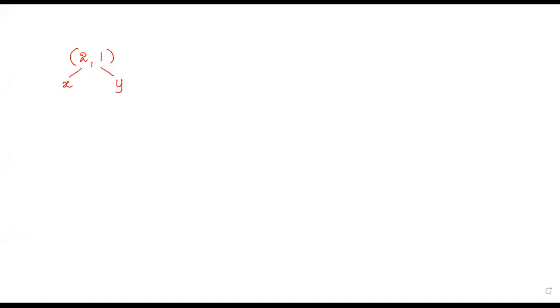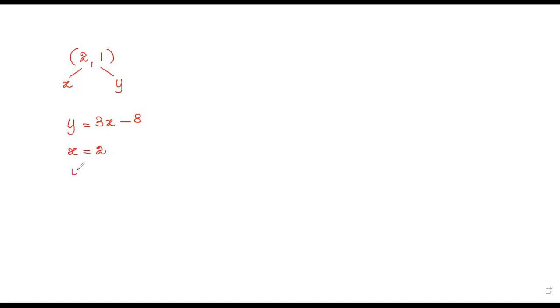Then you write the equation y = 3x - 8. Now let's see, if I use the given x value, what will my y value be? The x value given here is 2.